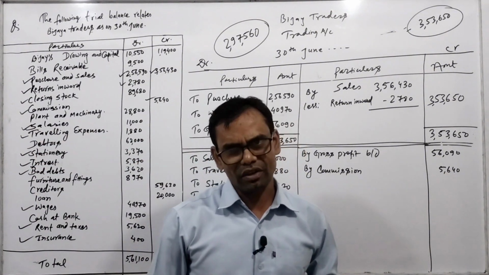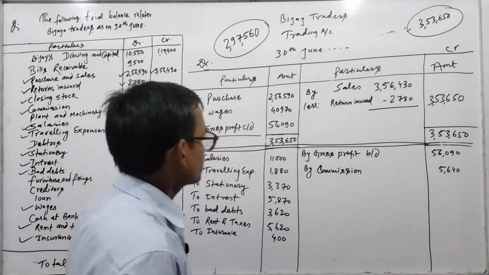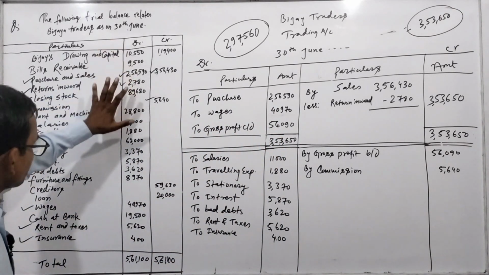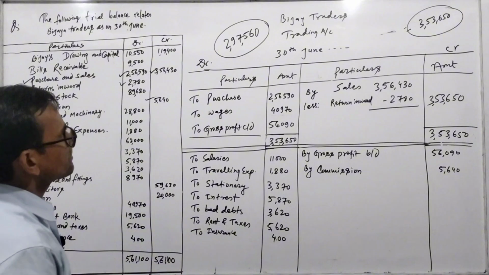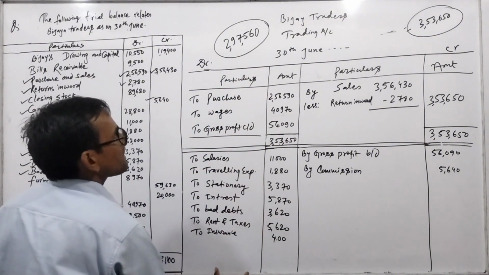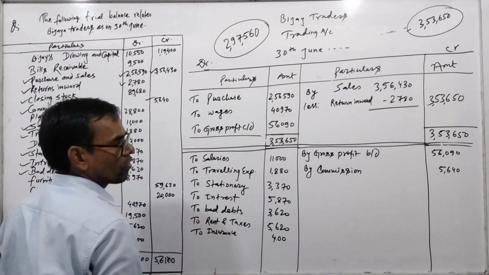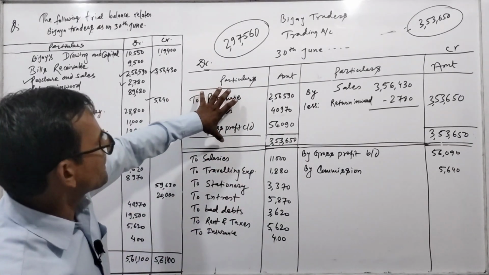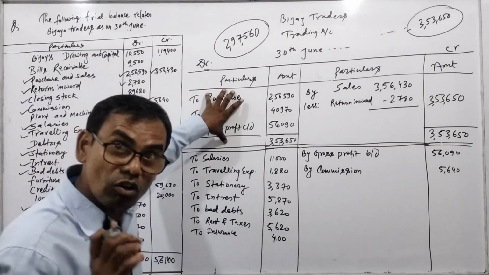So what did you understand? The points from the debit side of the trial balance are placed in the debit side of the trading account or P&L account. Only direct expenditures are recorded in the trading account.